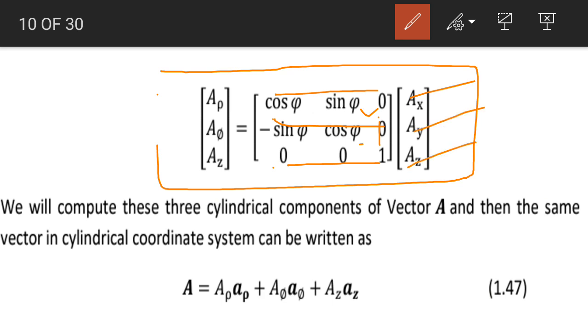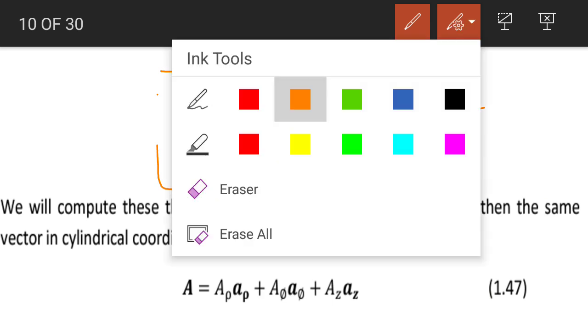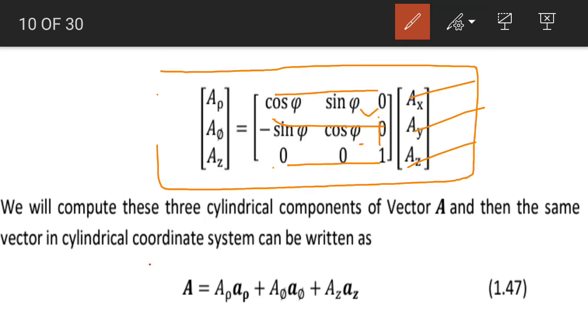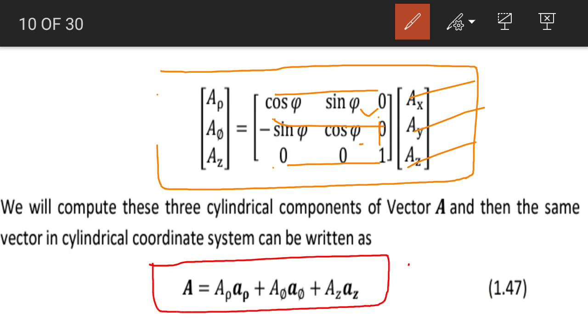So we will calculate these three components with the help of these matrices, and once these three components are known, we will write down the same vector in the cylindrical coordinate system. The same vector in the cylindrical coordinate system will be equal to A rho plus A phi plus Az. This is how we transform a vector from the rectangular coordinate system into cylindrical coordinate system.